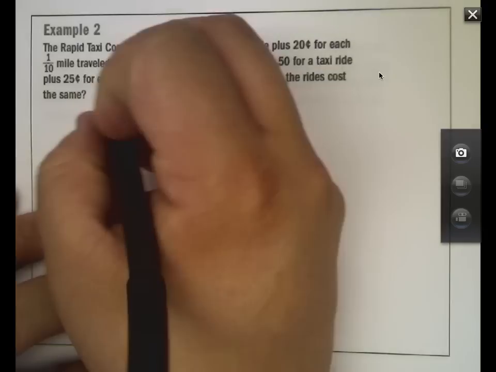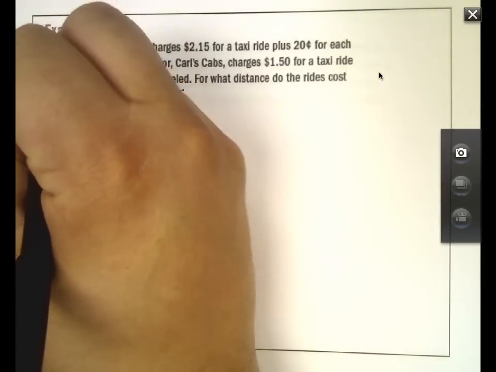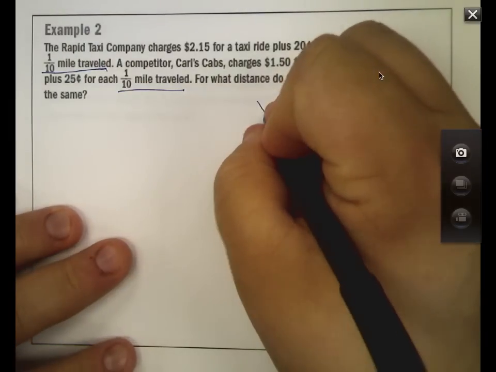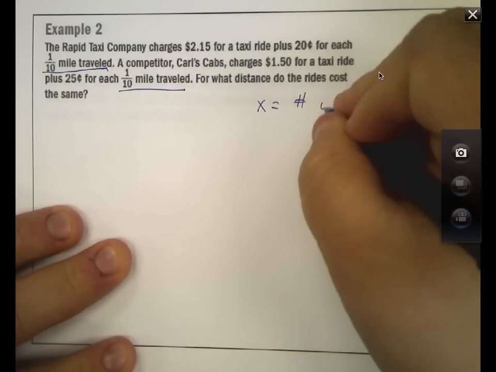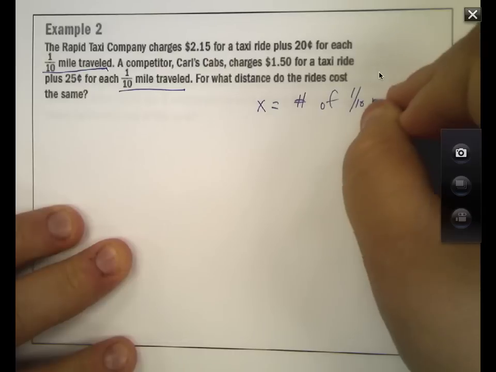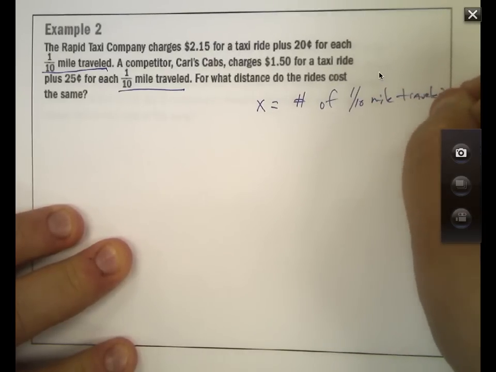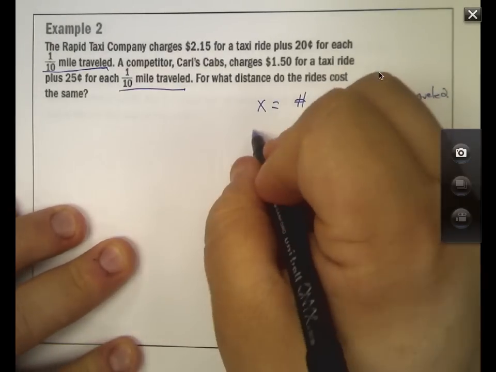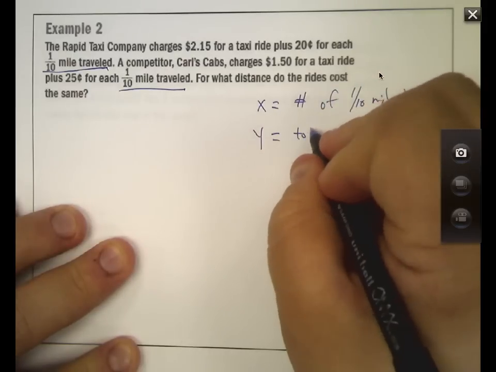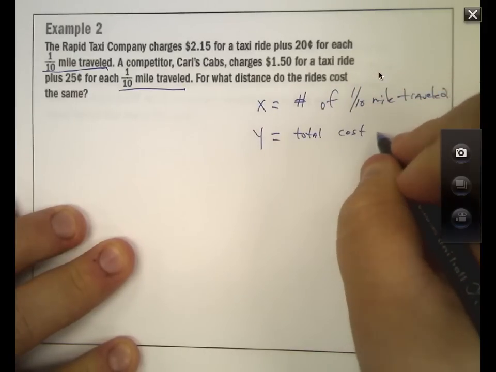So in this case, our x is going to be our 1/10 mile traveled. So I'm going to let x equal the number of 1/10 miles traveled. Y is going to equal the total cost of the ride.